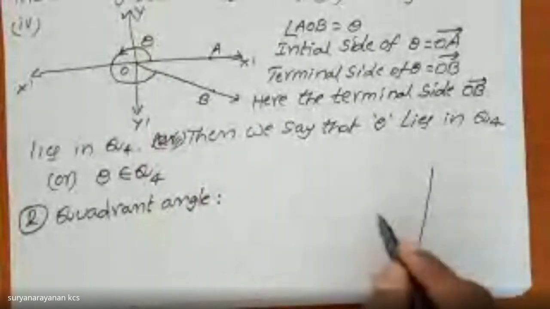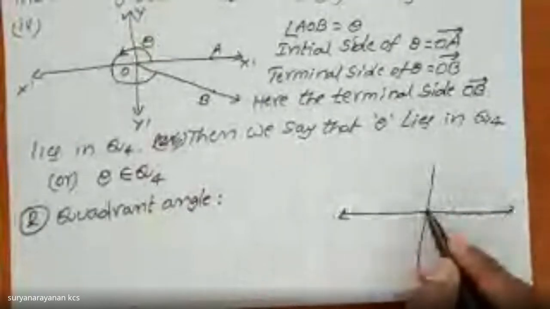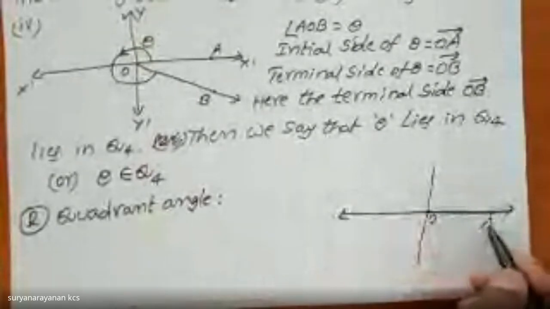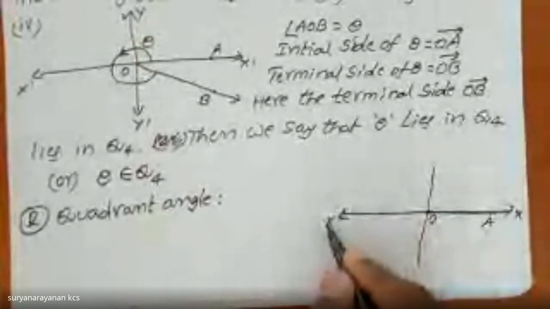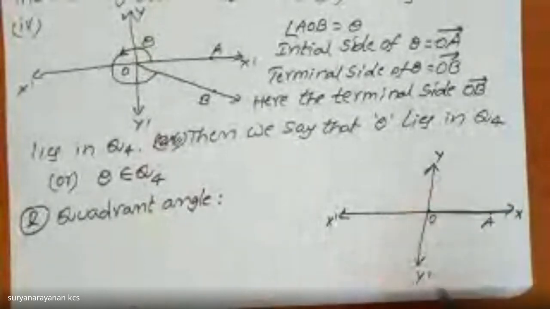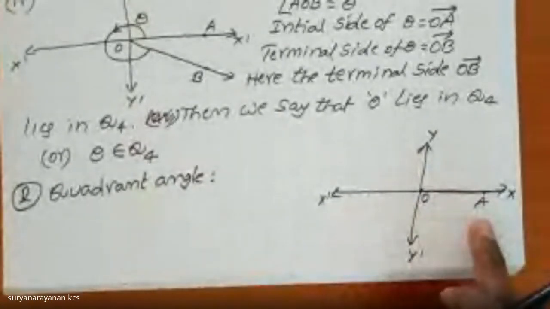Please remember, the initial side of an angle always coincides with the positive x-axis. This is the fixed position of the initial side of any angle in the Cartesian plane.